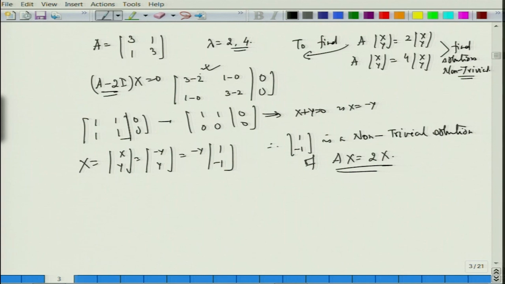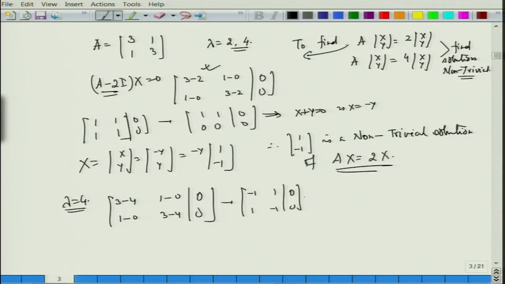Is that okay? Fine. Similarly, if I want to go for lambda equal to 4, I need to look at 3 minus 4, 1 minus 0, 1 minus 0, 3 minus 4, with right side 0 0. This augmented matrix is the same as looking at minus 1, 1, 1, minus 1, with 0 0, whose RREF is nothing but [1 minus 1; 0 0] with 0 0.